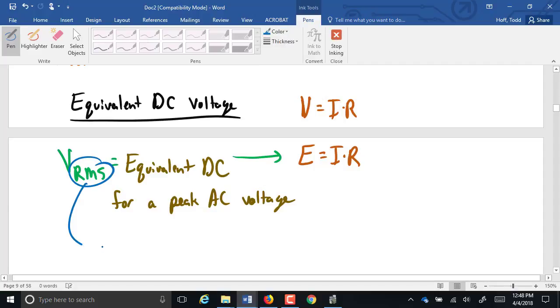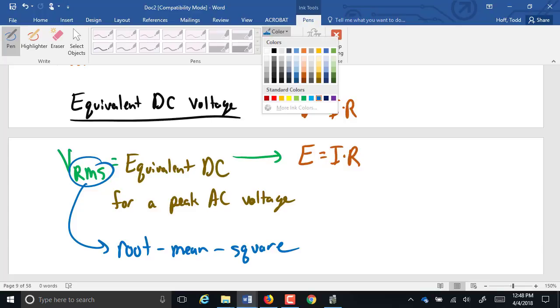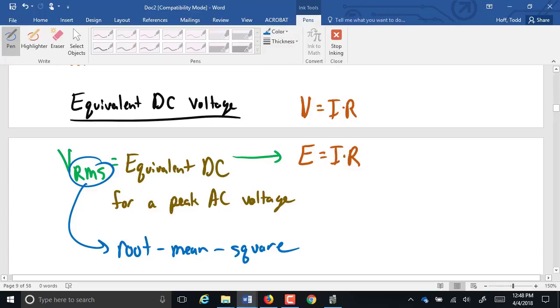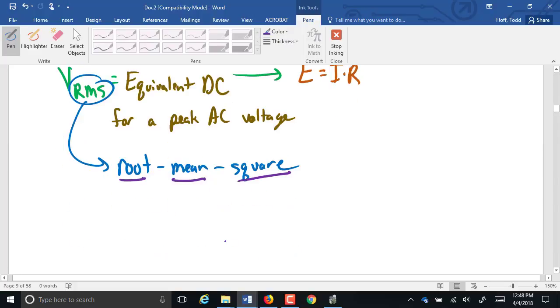RMS, by the way, stands for root mean square. It literally means the root of the mean of the squares. I'm going to show you what that means here.